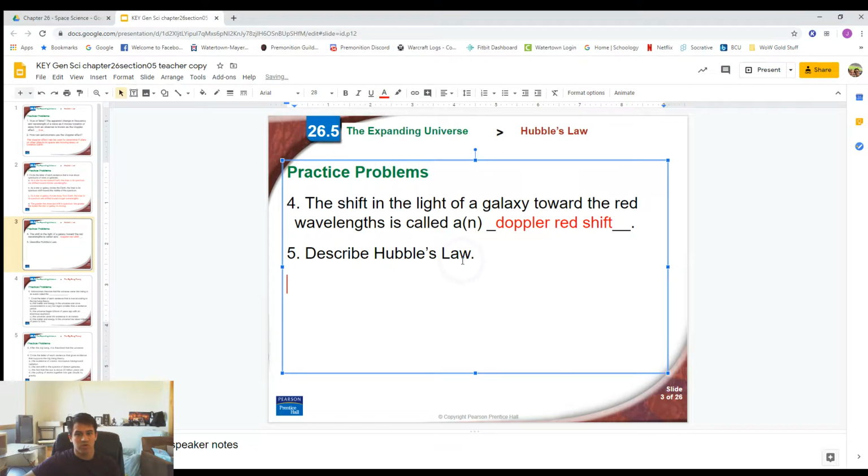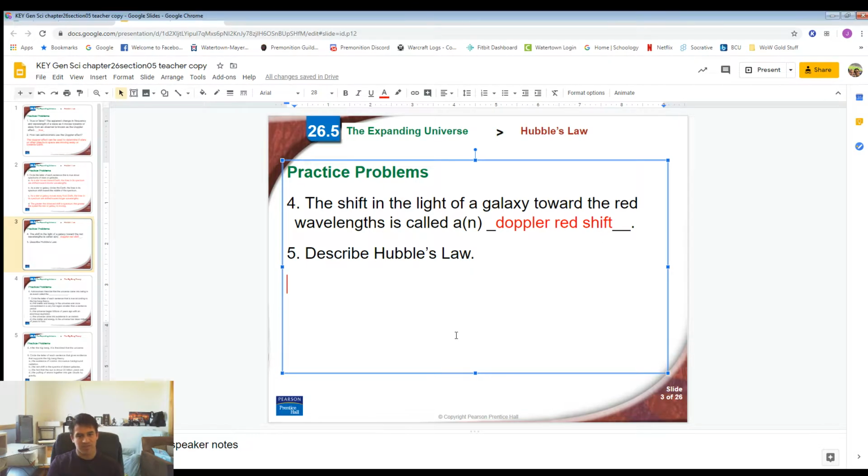So Edwin Hubble was the one who discovered that most things in space were moving away from Earth, and that most everything had a Doppler Redshift. He also realized that as things move away from Earth, they are moving away faster from us because their wavelength shift is getting further and further.